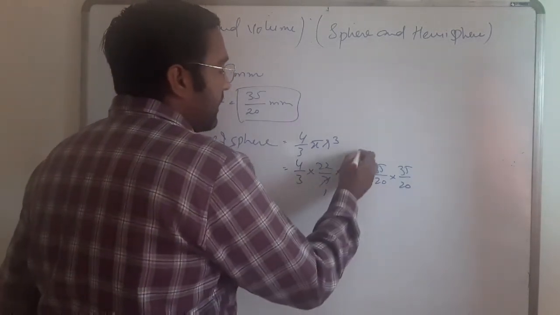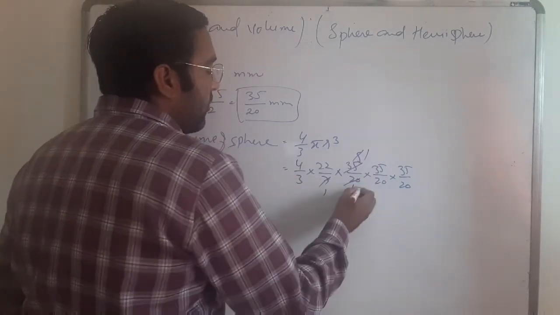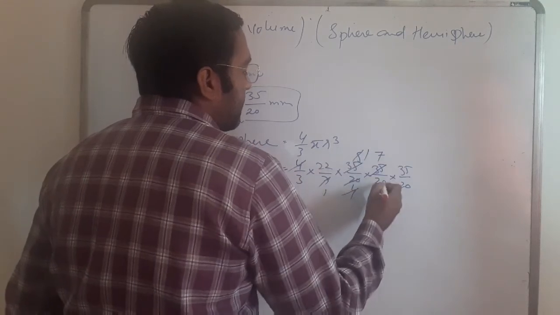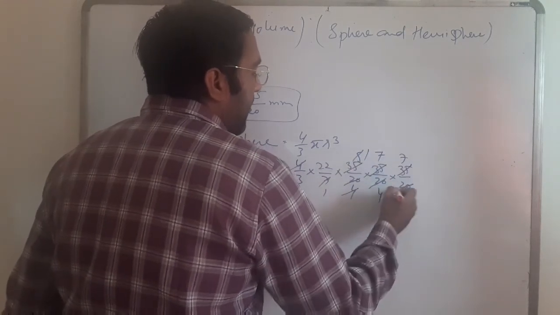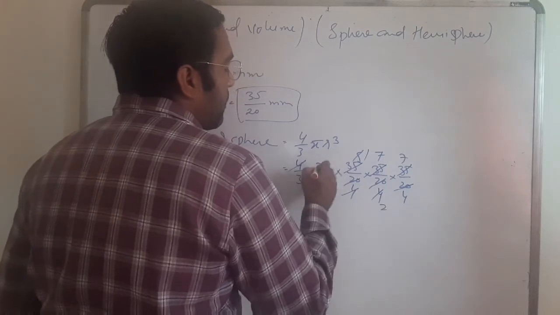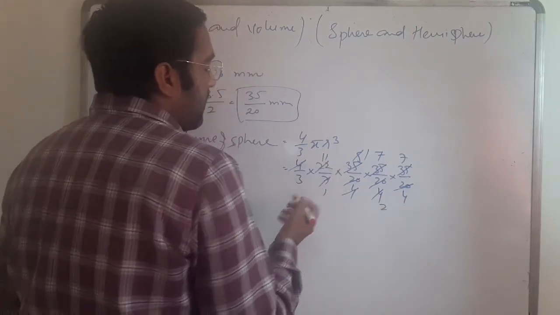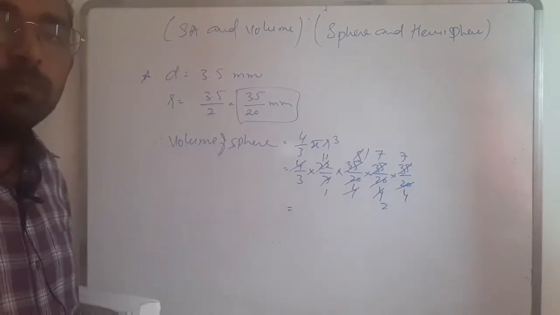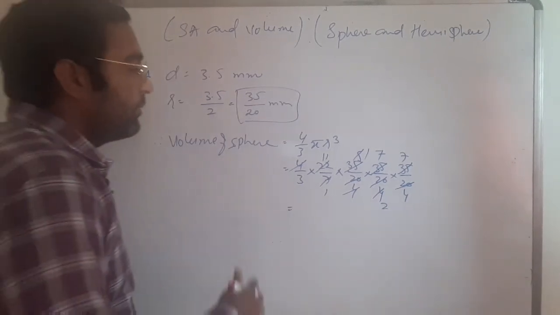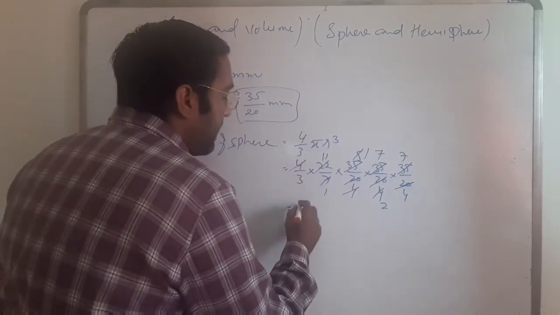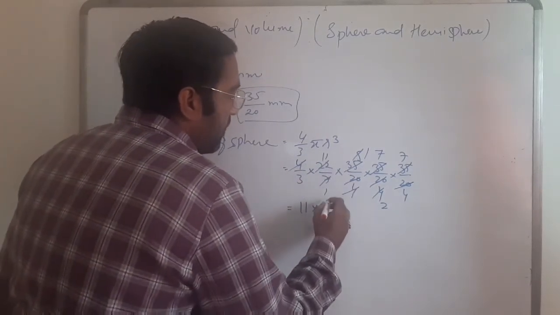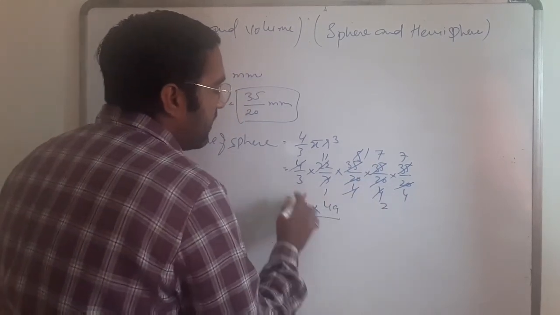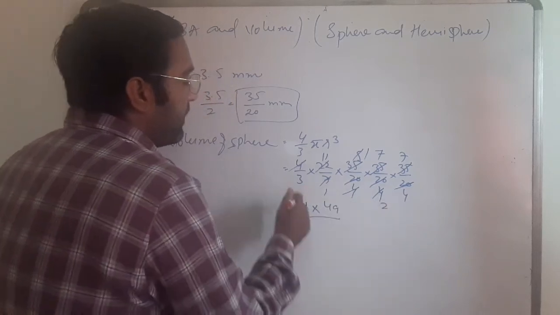7 ones are 7, 5 fives are 5, 4s, I cancel out. 5 sevens are, 5 4s are, 2 2s are, 2 11s are. There is no kind of cancellation done here. Okay students, now the remaining part is 11 into 7 sevens are 49, 11 into 49 by 4 2s are 8, 8 3s are 24.